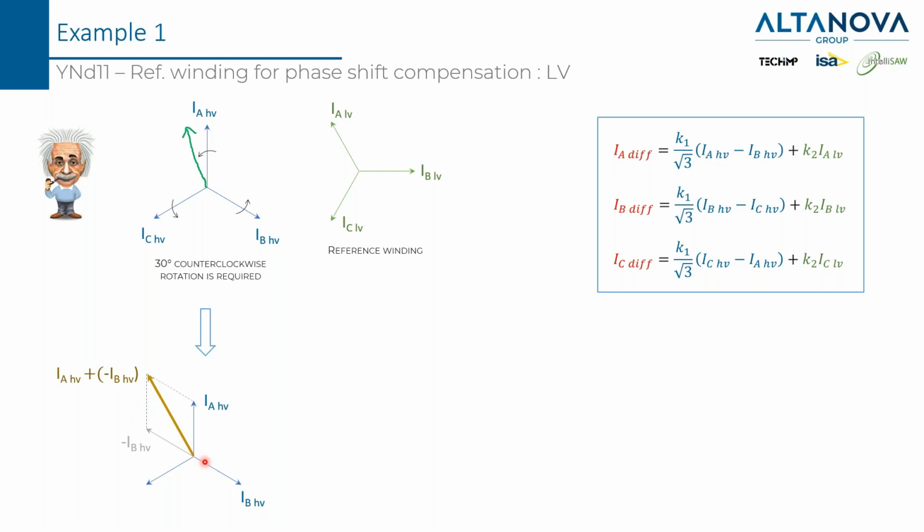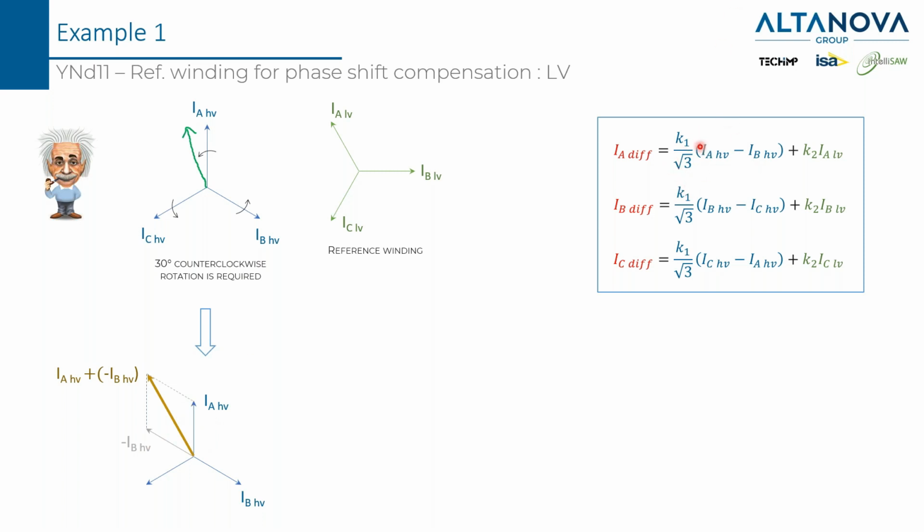This is the sum of a vector with a minus in front. So this is the correct way to see this formula. Otherwise, this will not be the vector that we are going to use, it will be another one. So please keep this in mind. This minus is a sum of vectors. The minus comes from the direction of this vector.